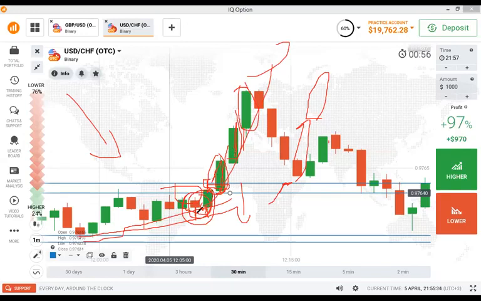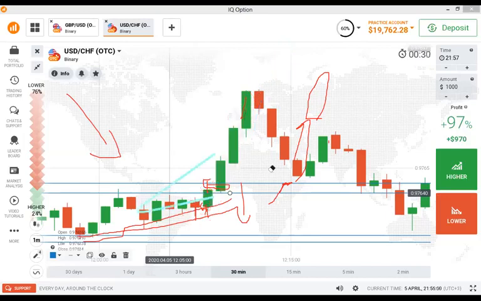The first thing that happened here is not enough buyers, not enough sellers. Buyers enter, confirmation that the sellers are not here. Then sellers enter. Now look at this candle, the extraction candle. So sellers will enter. You should not be saying this is a minor bullish trend, so you want to place a call option on the next candle. No. Just reason what happened to the first candle before you place your trade.